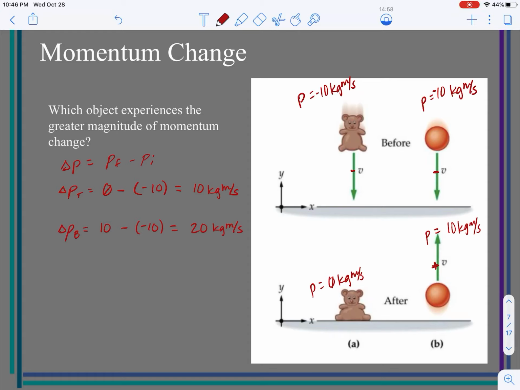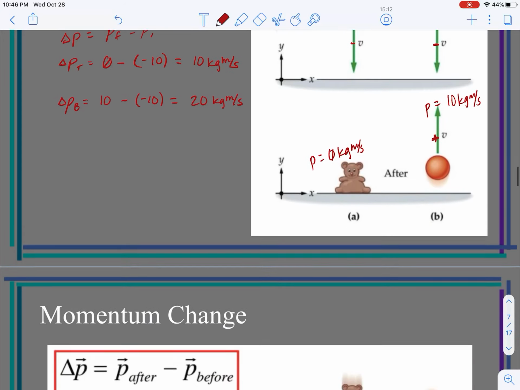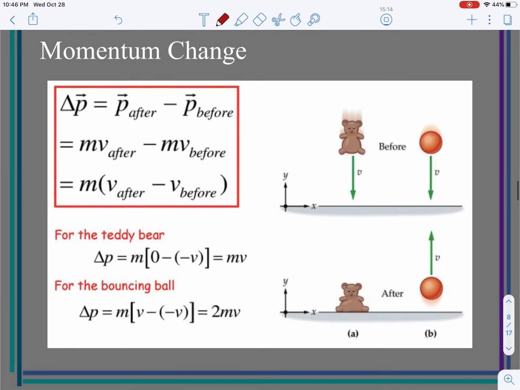It experienced a change in momentum so that it had some velocity or momentum downward, came to a stop briefly, and then had an additional change where it then experienced a change in momentum because it began bouncing upward, right? So whichever way you want to process that.